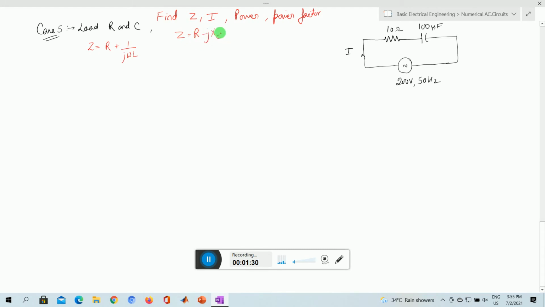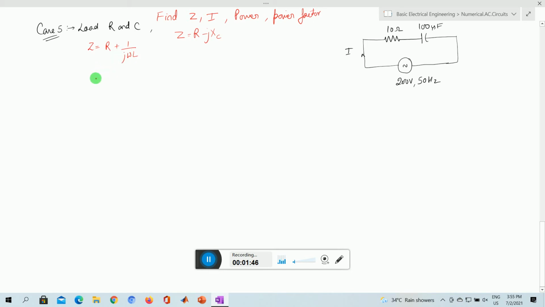This we can also write by multiplying j on the top and the bottom, then j square is minus 1.